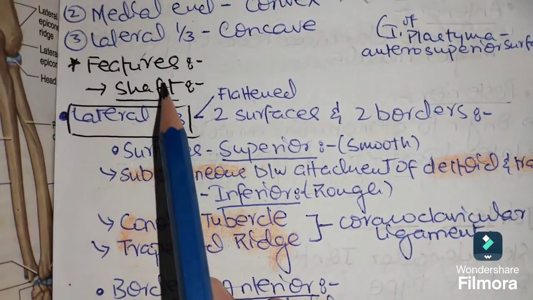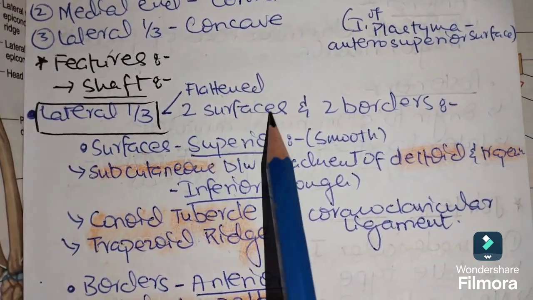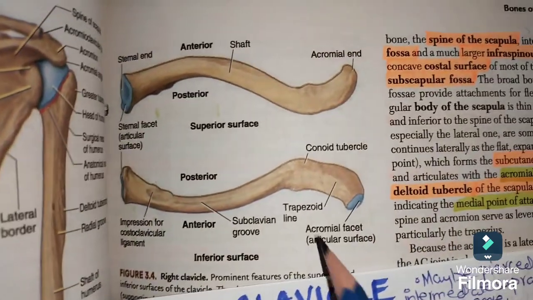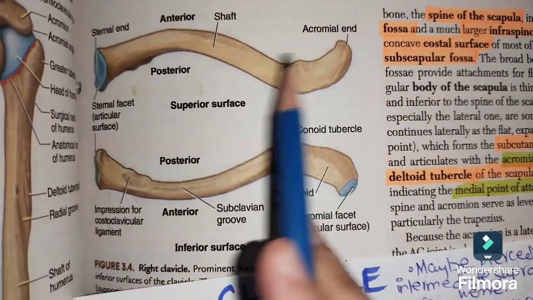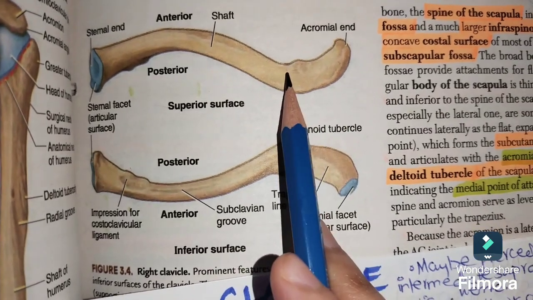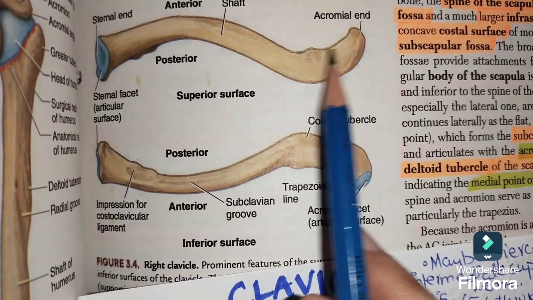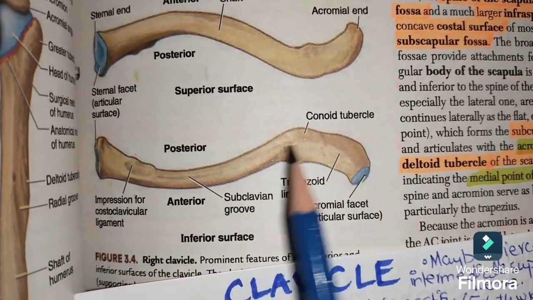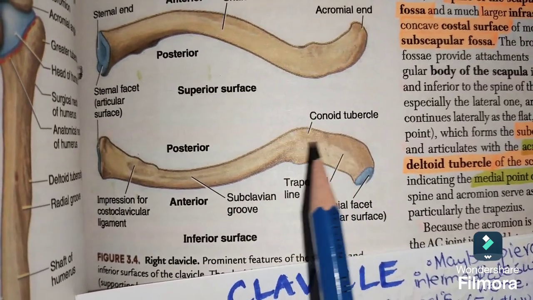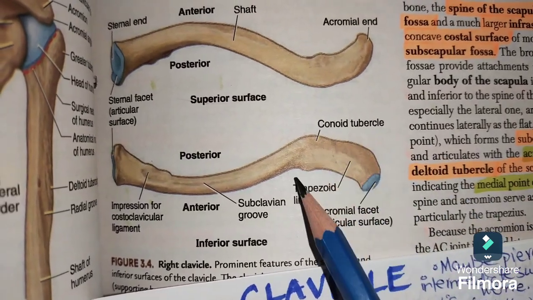Now the lateral one-third of the shaft is flattened and consists of two surfaces and two borders. As you can see in the diagram, the lateral one-third, the acromial end, is the flattened end and it consists of two surfaces. Now superior surface and obviously the inferior surface and two borders.